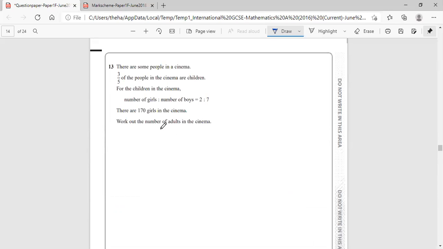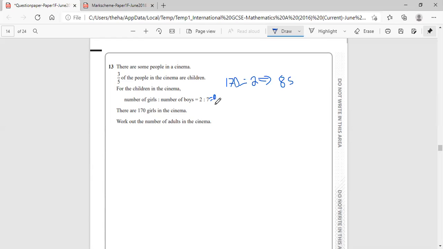So let's go ahead. First of all, we need to work out how many children there are overall. So we know that 170 girls equals 2 parts of the children. So we divide that by 2, so then we can get what 1 part of the children is, which is 85. So we've got 85 children is 1 part, and we know that overall we've got 9 parts of children from the ratio.